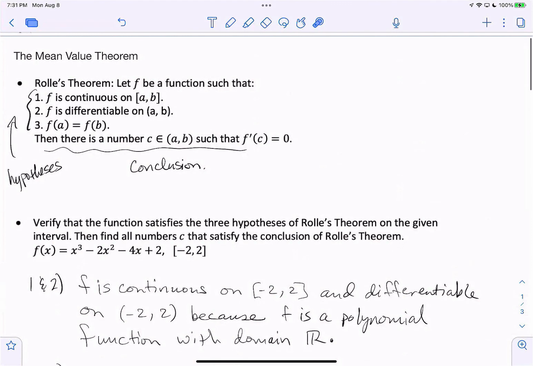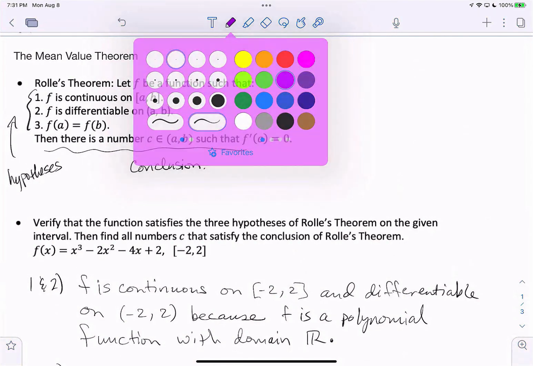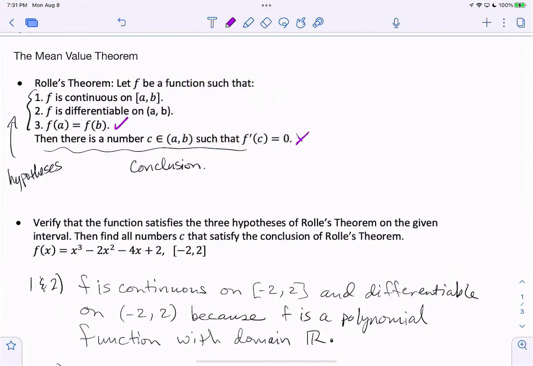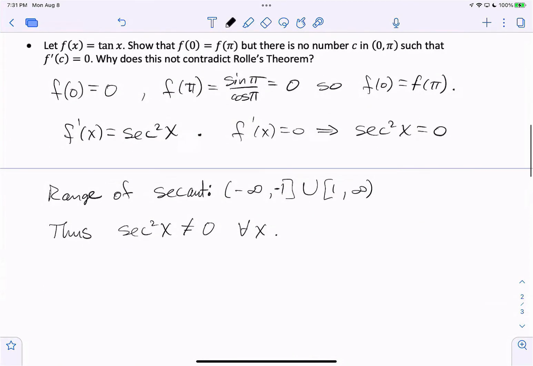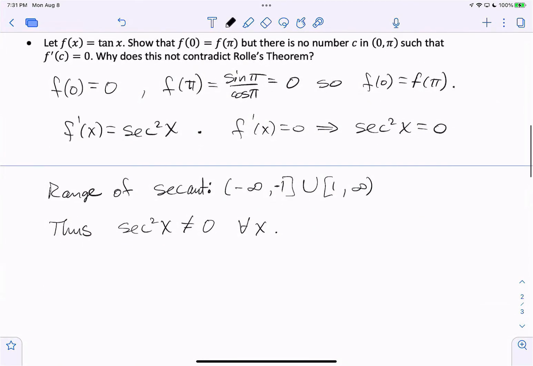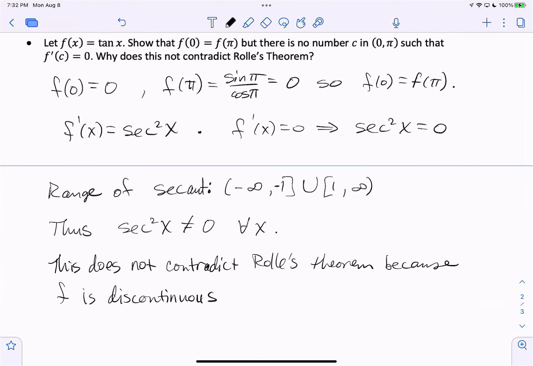So let me restate here. For the tangent function, we have check and then nope. So what's happening here? It's that f is not continuous on a, b, right? So here, why doesn't it contradict? This does not contradict Rolle's theorem because f is not continuous at pi over 2, which is in the interval from 0 to pi.